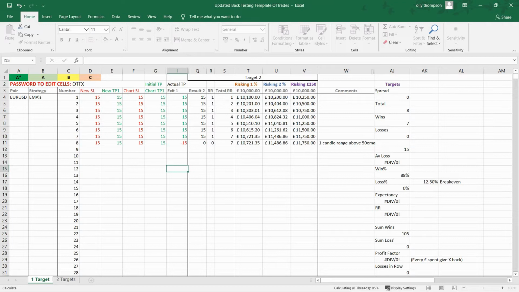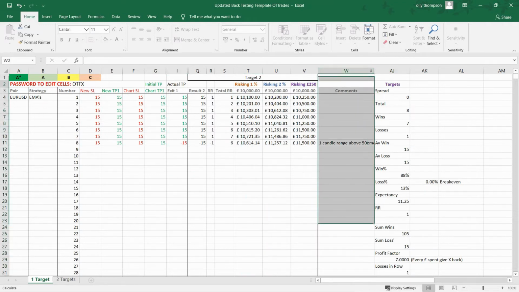That's what the comment box is for, for including information like that. So now obviously at the moment we wouldn't be trading this because we've noticed this has been a loser, and this is the difference between this trade and the previous trades. It's a completely different strategy because we've allowed for that one candle range above the 50 EMA.